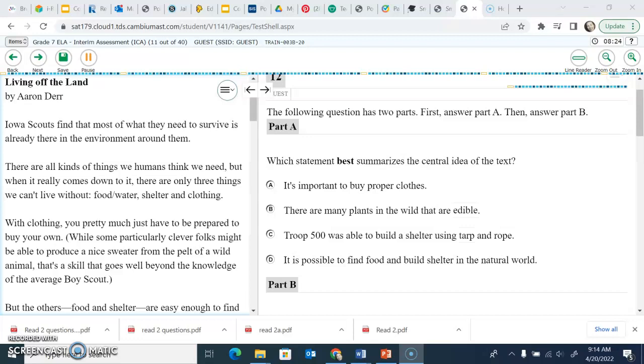So I'm going to model and think aloud the types of thinking that I do with Part A, Part B questions as a guide for you. And then we're going to try some Part A, Part B questions together, and then you're going to go off and try some on your own. So really the best way to get good with these questions is to practice with them, and most importantly, to use strategies and not let them overwhelm you.